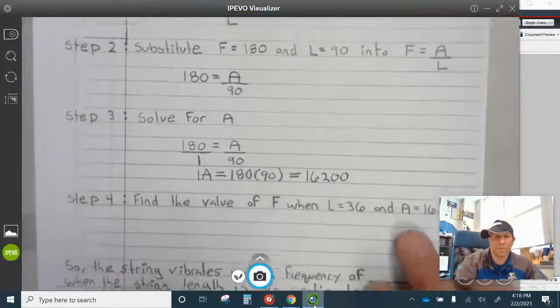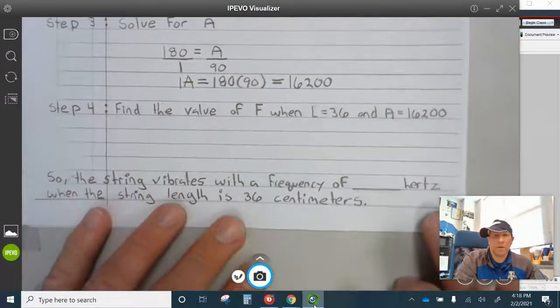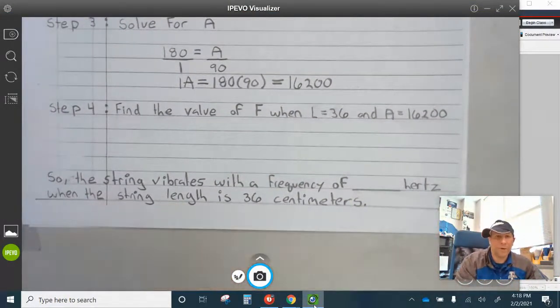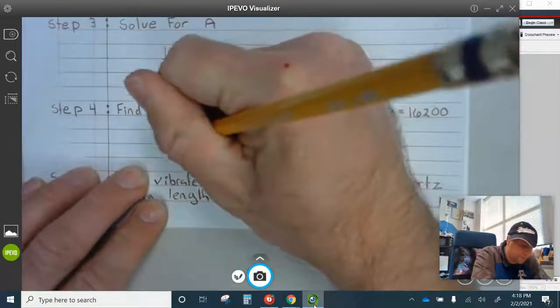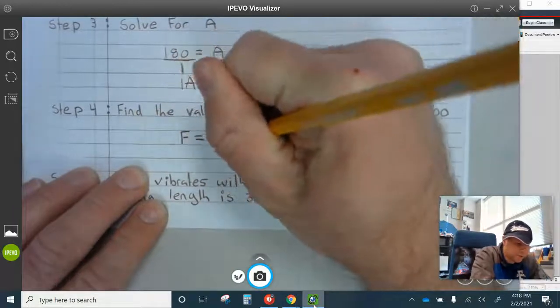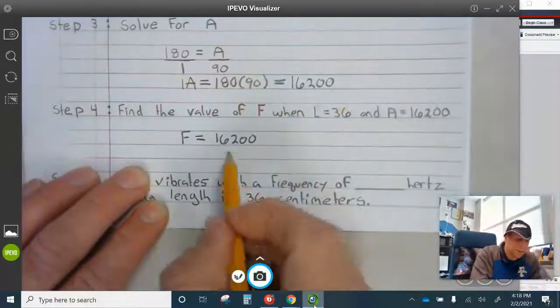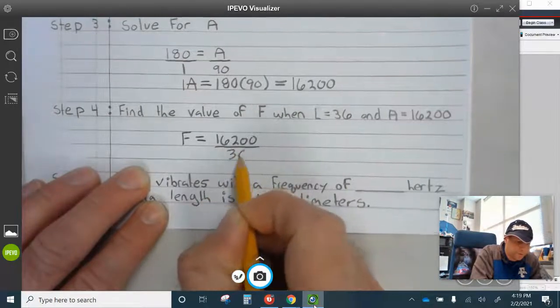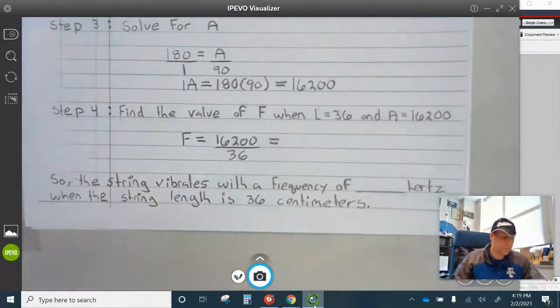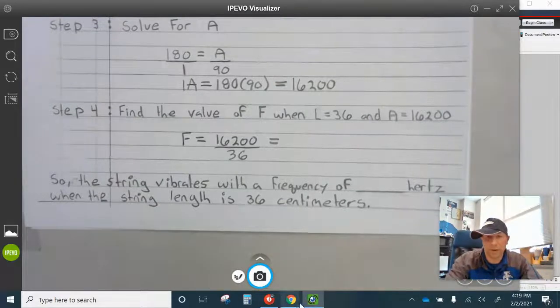Okay. Step 4, find the value of F when L equals 36 and A equals 16,200. Okay, so that means F equals 16,200 divided by 36. So let's go ahead and put that in the calculator.